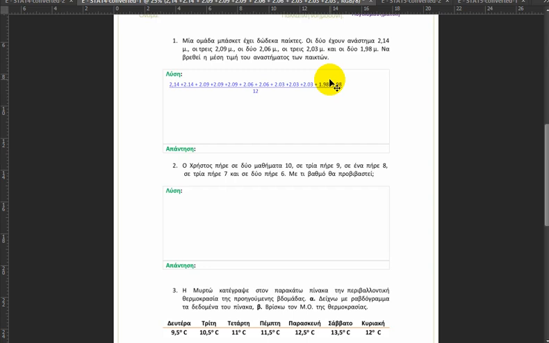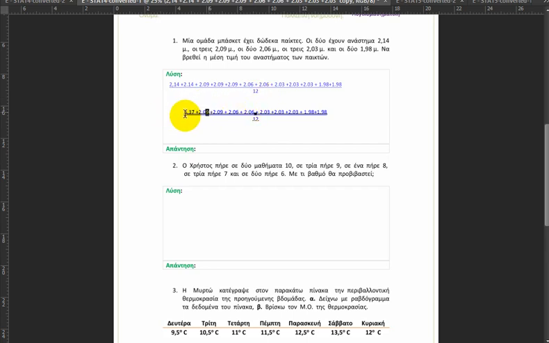Let's figure this out. I'm going to write this down again here where I can work. 2.14, you can do these additions vertically. I'm going to do them a little faster, but we should get the same result if neither of us has made a mistake. 2.14 plus 2.14 makes 4.28. 4.28 plus 2.09 is going to give us 6.37.